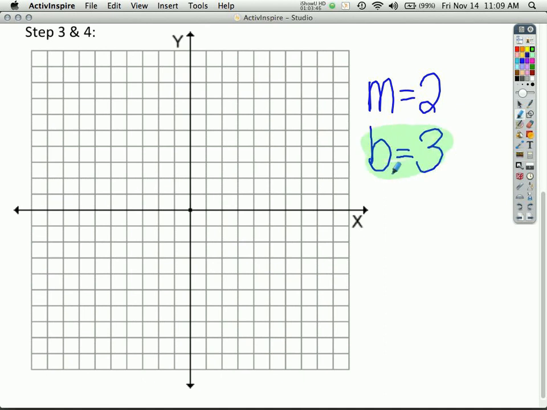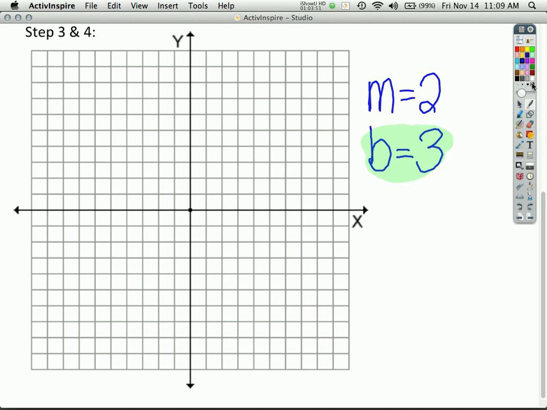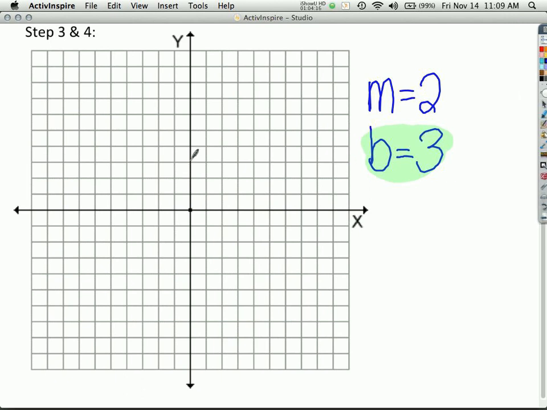This is now the starting point because we know exactly where that is. So everyone needs a grid, of course. If you don't have one, you need to quickly make one. You can go about 5 in each direction. And so this is the y-intercept. Plot the point right there.